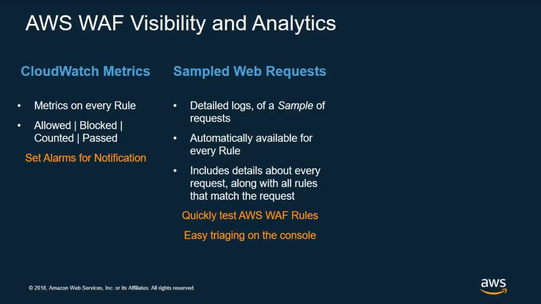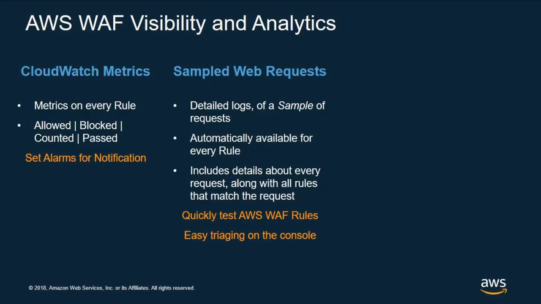One is a CloudWatch metric, which gives you real-time access to data about how many requests are hitting AWS WAF and how many requests are matching a particular rule and so on. And these CloudWatch metrics are available for every rule that you write on AWS WAF, be it a managed rule or a custom rule that you wrote.